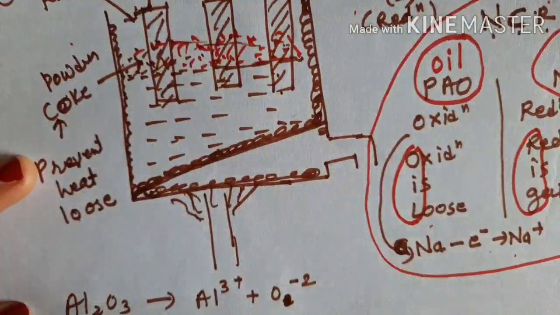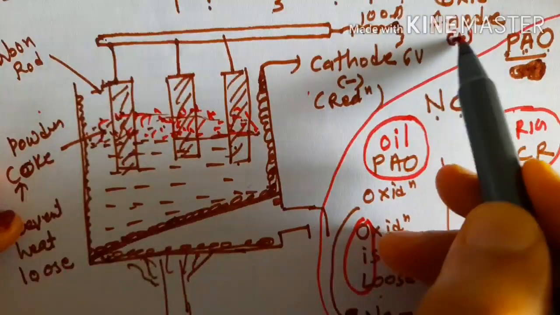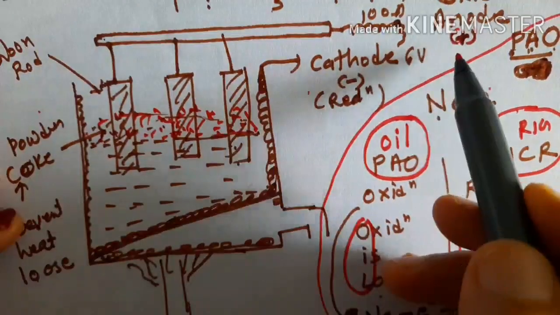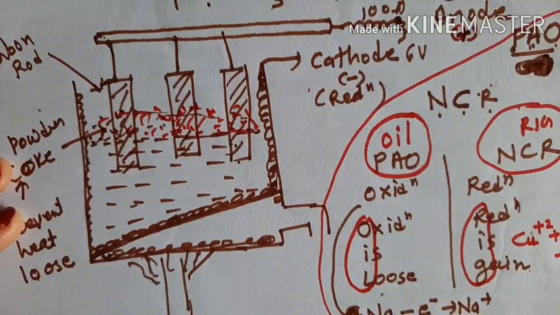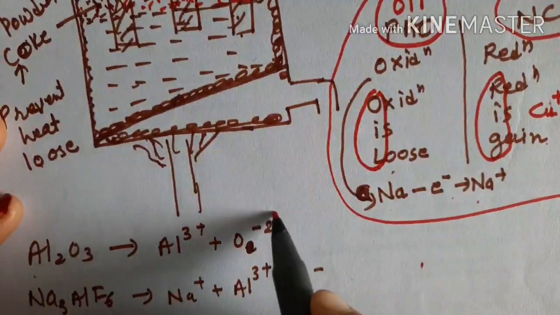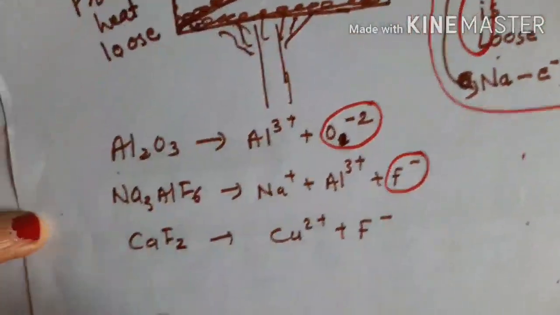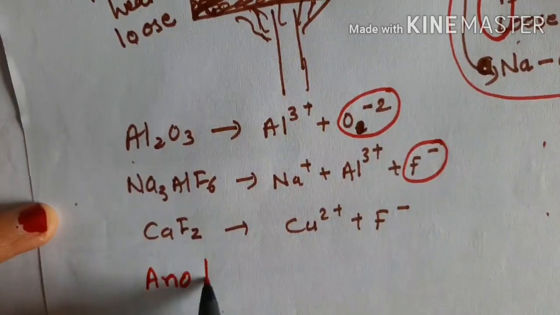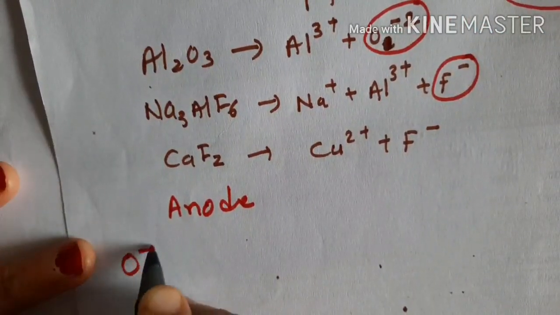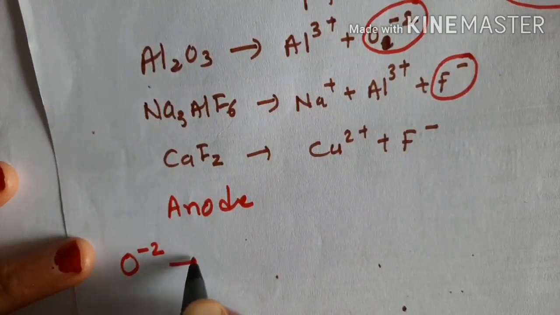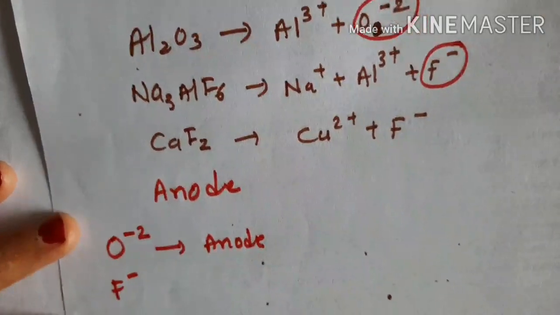Now as I told you, the anode has a positive charge, so negatively charged ions are attracted towards the anode. Which negative ions? Oxygen and fluorine, there are two negative ions. So what reaction happens on the anode? The O2 minus oxygen ion is attracted towards the anode, and F minus also.